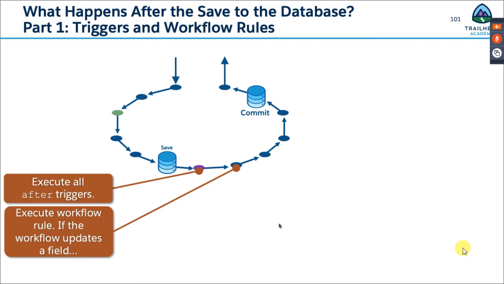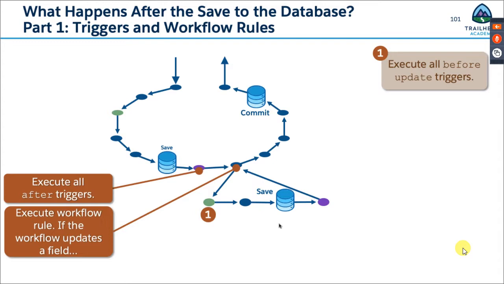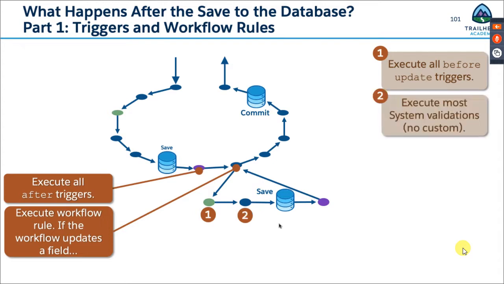You may be right in the sense that, yes, in this picture the before runs first and the after runs second. But if the workflow rule has a field update, which makes a change to the field, then you're going to run your before trigger again. You're going to run most system validations, not the custom validations.